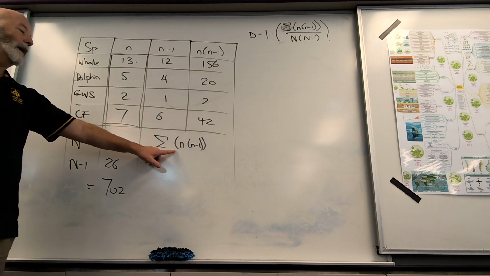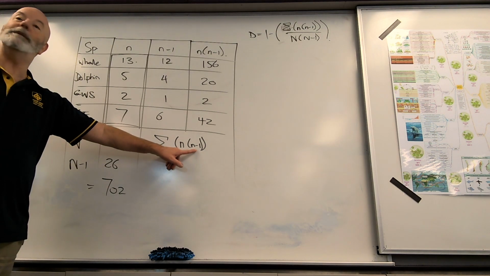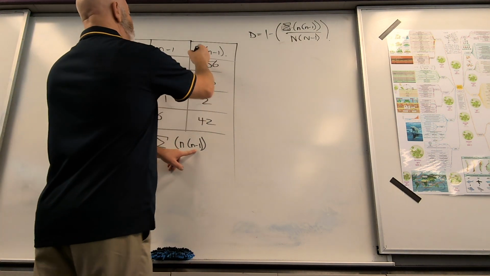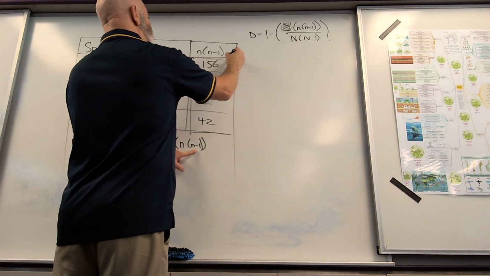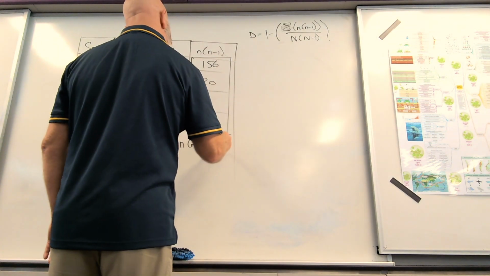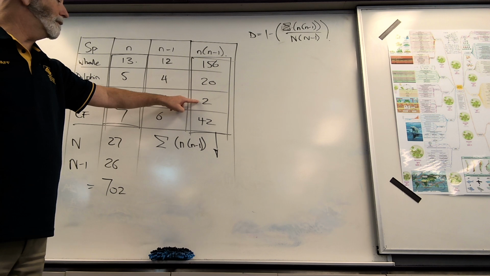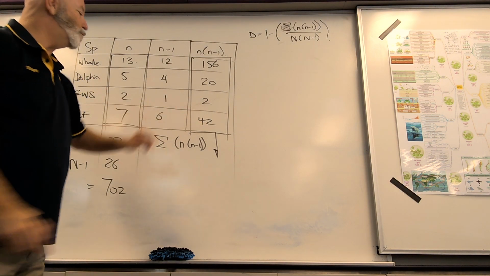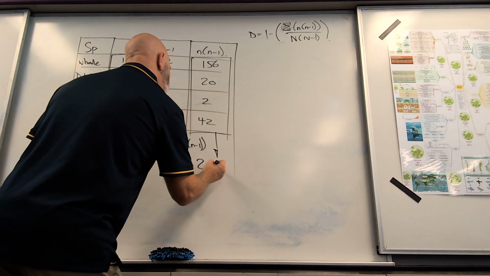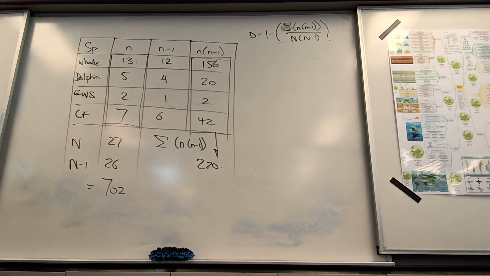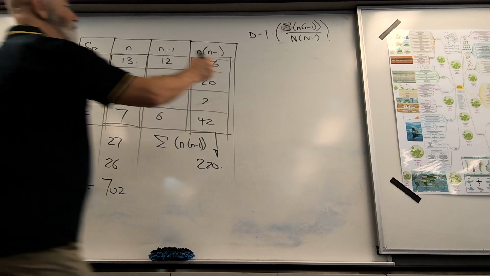Now, the sum of n times n minus 1. So now the next number is the total of all of these. Okay. 176, 178, 180, 220. Okay? Right with that?